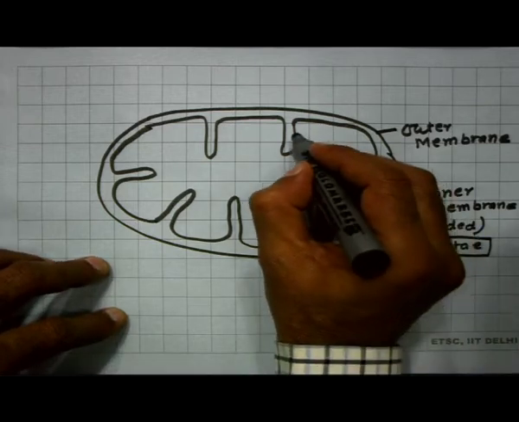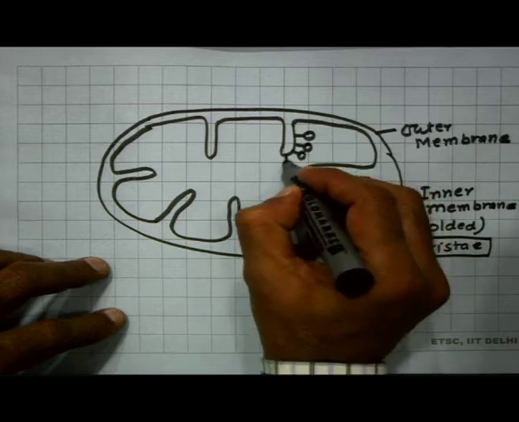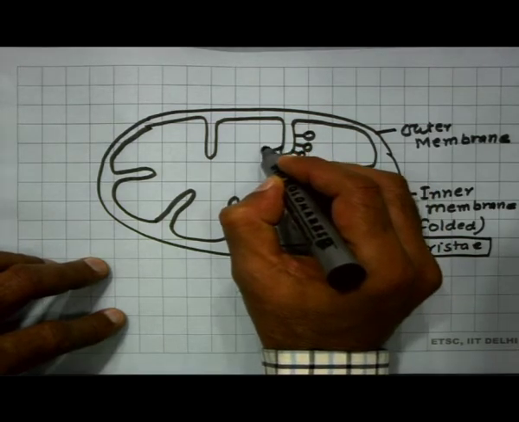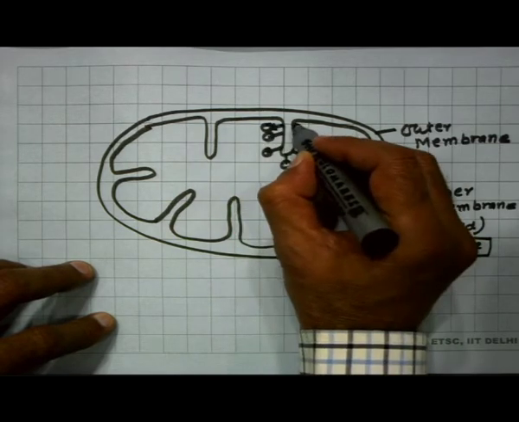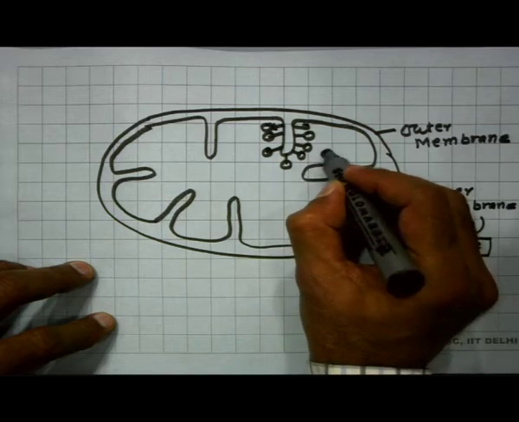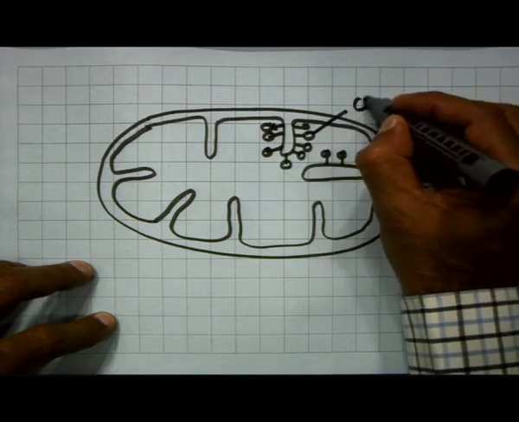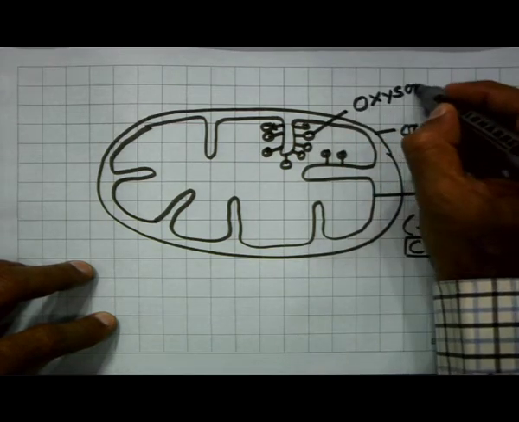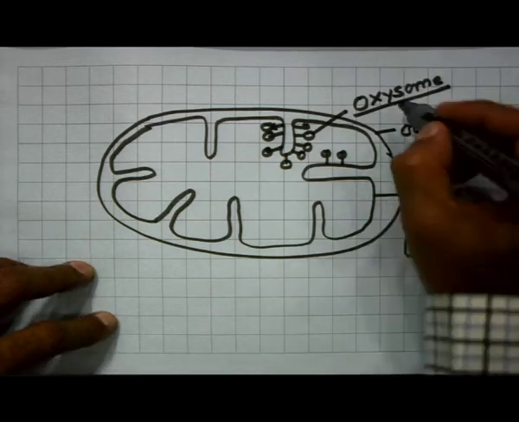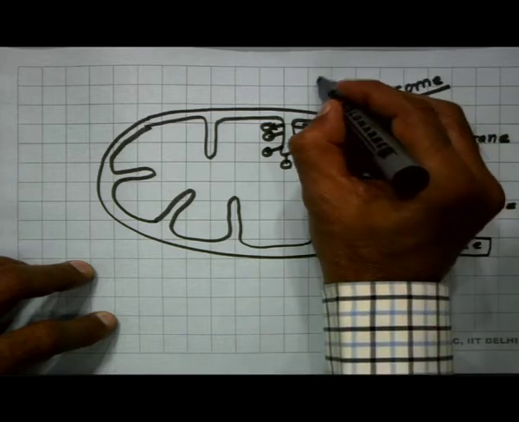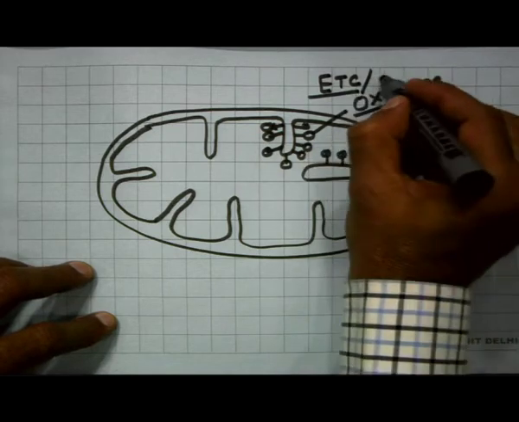In these cristae, pinhead-like structures are found. Do you know what this is? Yes, you have already read in cytology. This is called oxysome. These oxysomes are the site of the electron transport chain or oxidative phosphorylation.